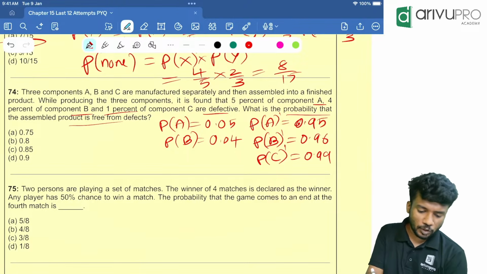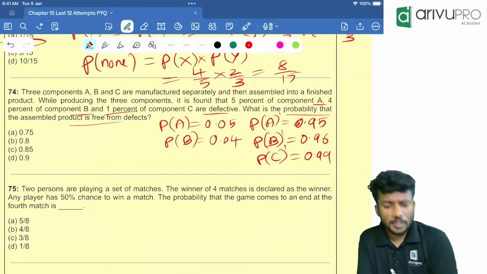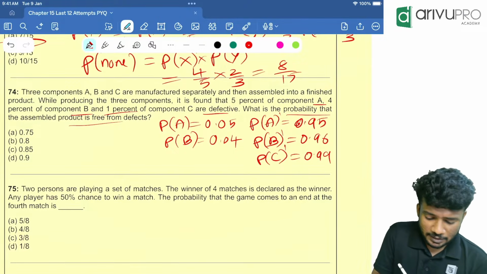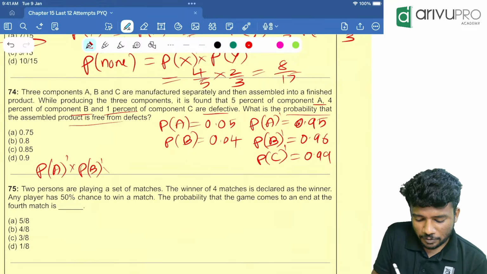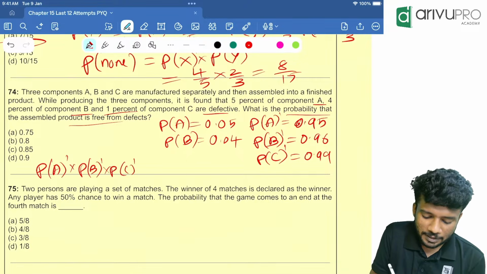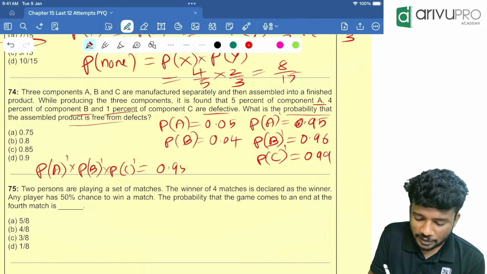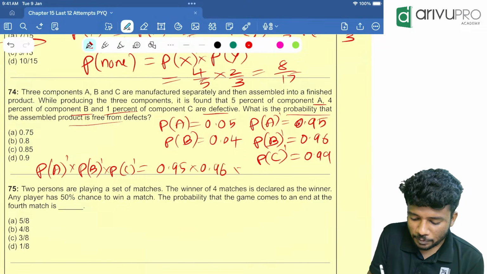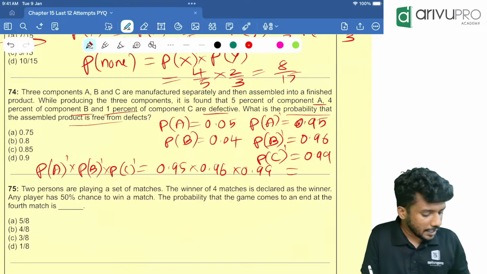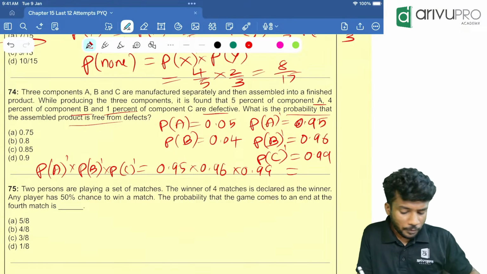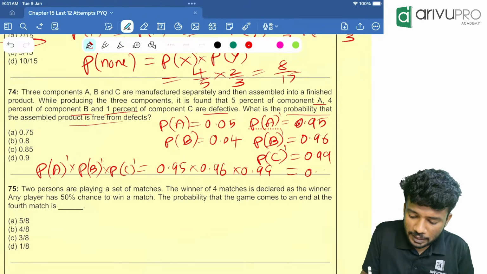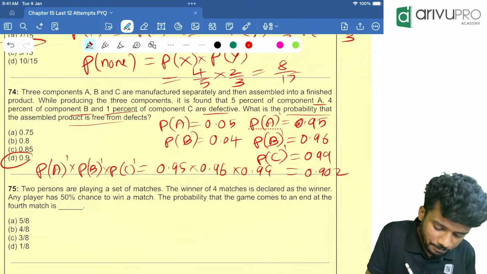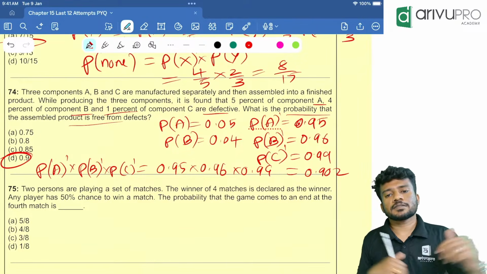Now the question is, what is the probability the assembled one will be free from defective? That is nothing but P of A complement into P of B complement into P of C complement, which is equal to 0.95 into 0.96 into 0.99, which is equal to 0.902. Option D is your answer.